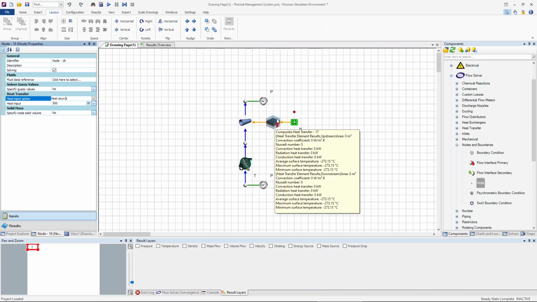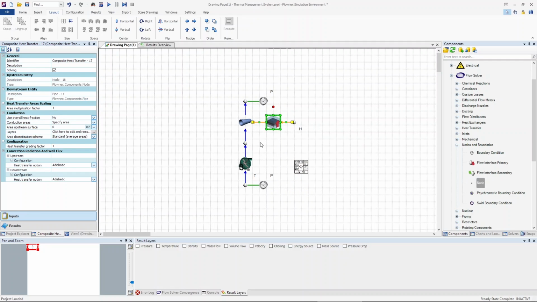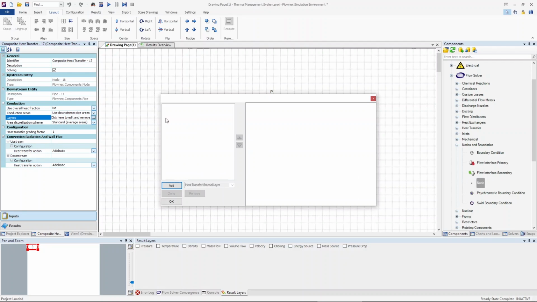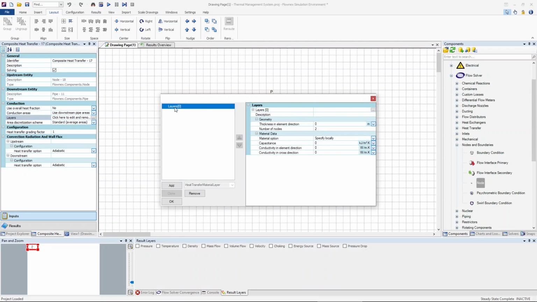And then we can define the geometry for the heat transfer. We can specify the conduction area as using a downstream pipe. We can add in a conduction layer, and we can specify it as 1 millimeter.